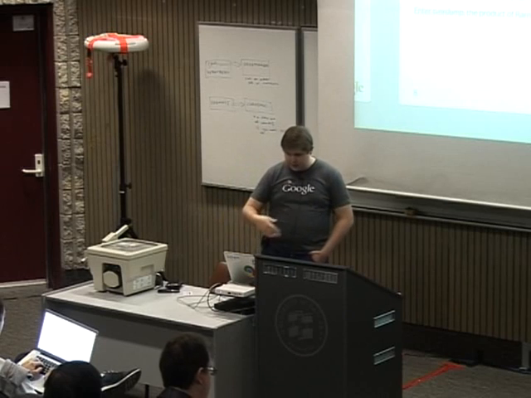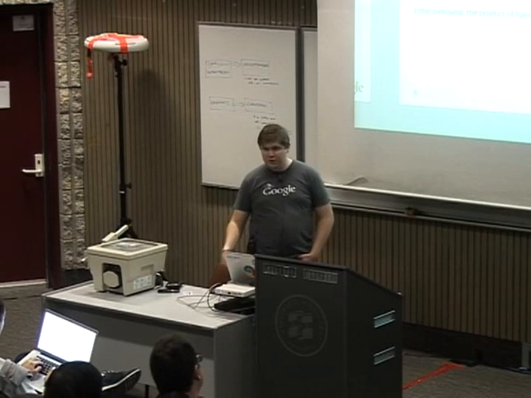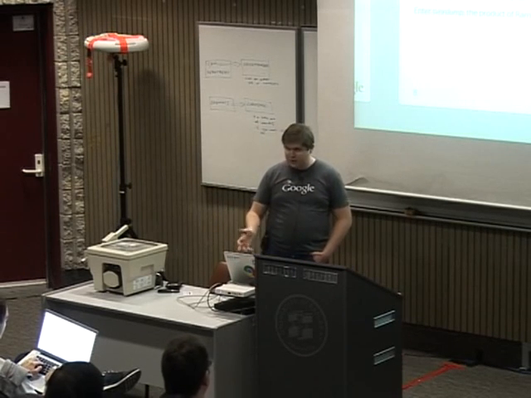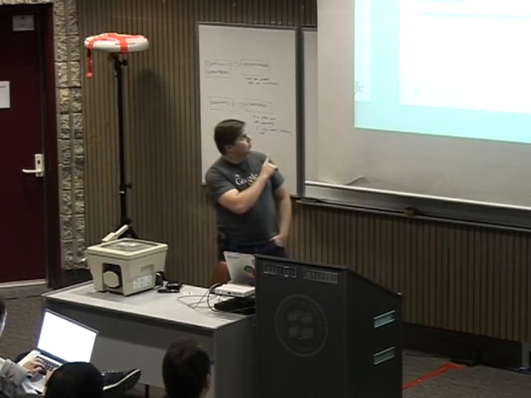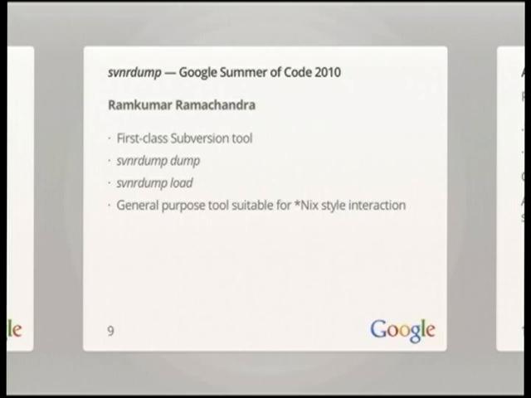And later on, as he began communicating with the Subversion community, he garnered enough interest that they made it a first-class tool. I'll come to that. So, svnrdump is now a first-class tool in Subversion. It's in the 1.7 release, which isn't really released yet, but it will be one day.